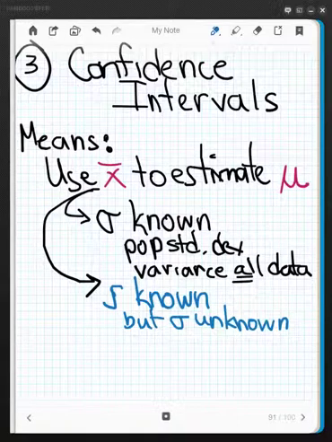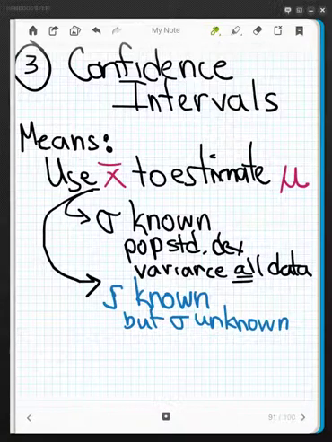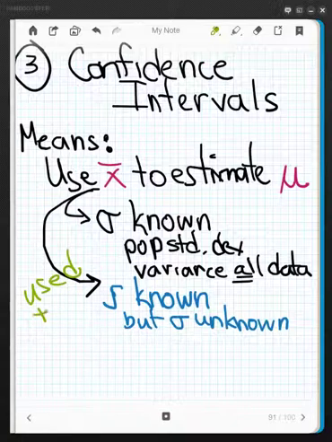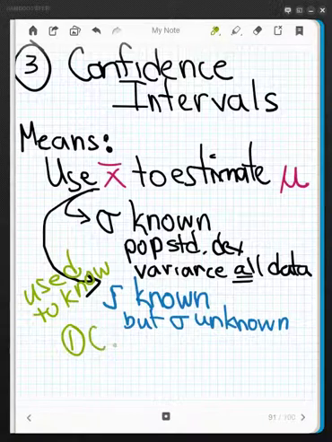What we need this to know is twofold. In terms of our confidence interval, one of the things it's going to tell us is our critical value.